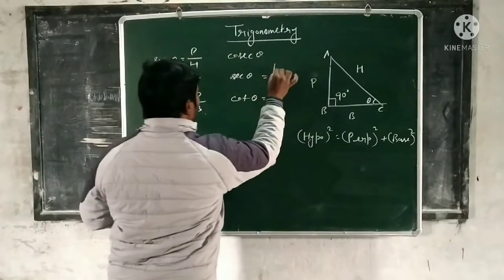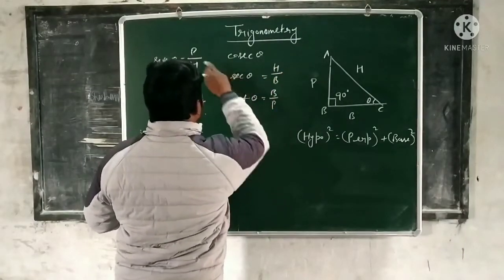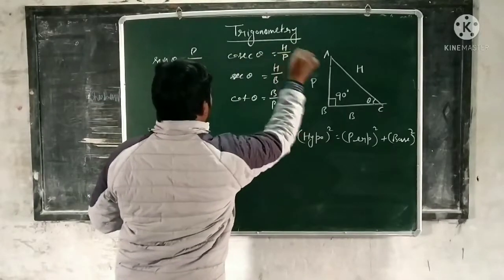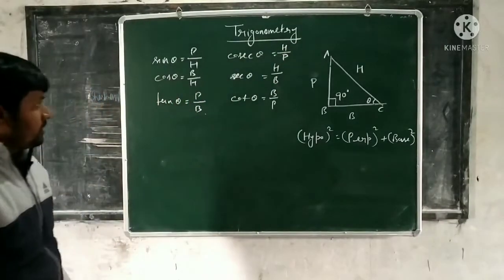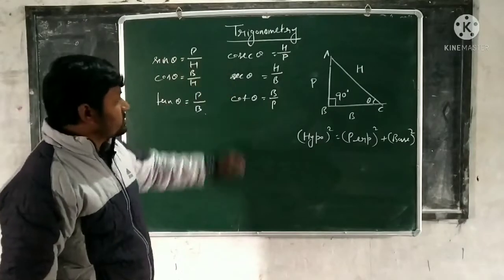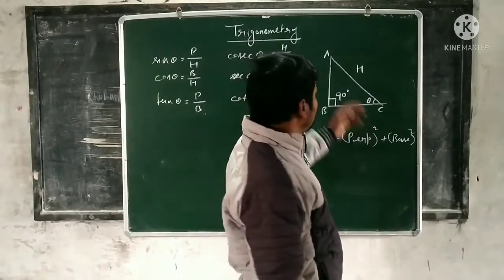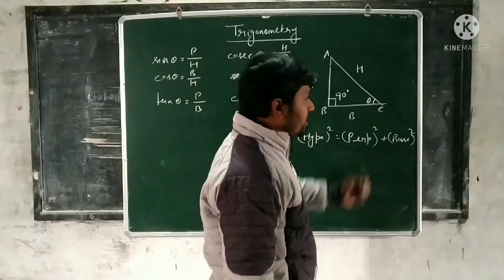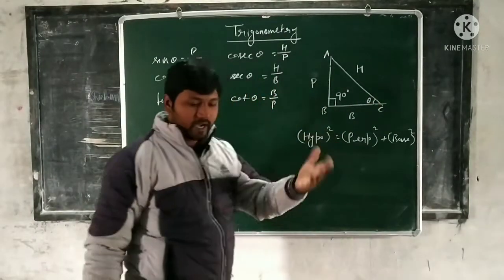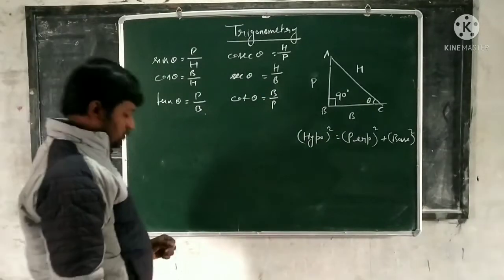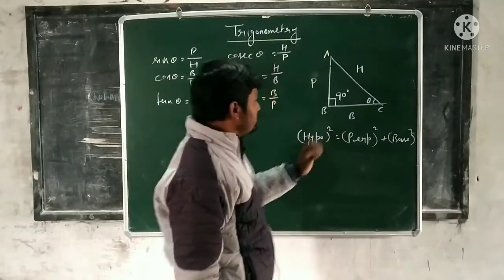Sec theta is equal to hypotenuse upon base, and cosec theta is equal to hypotenuse upon perpendicular. Using these 6 trigonometric ratios, we find the height of the building and the angle between us and the building. So we understand this.